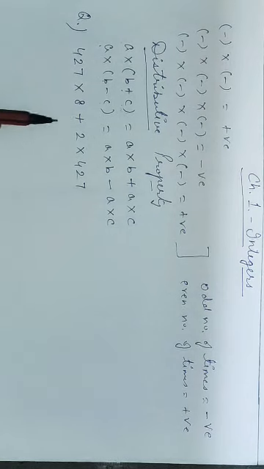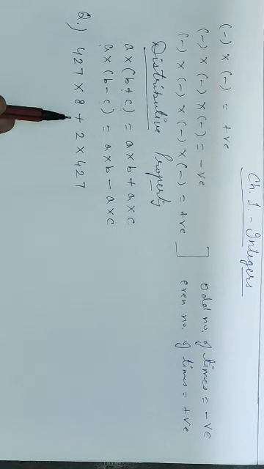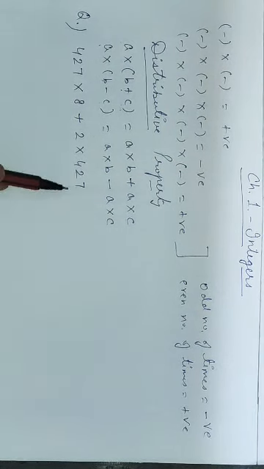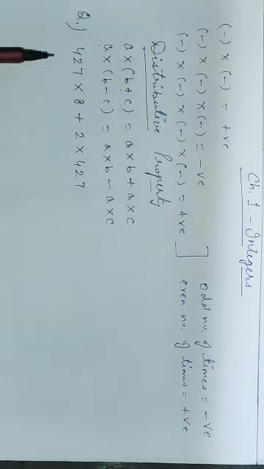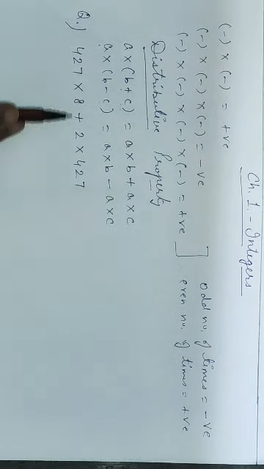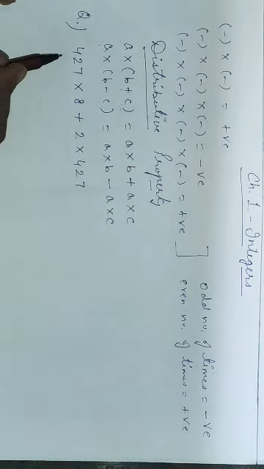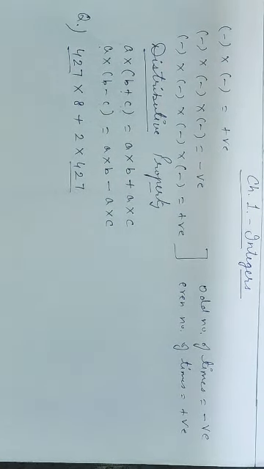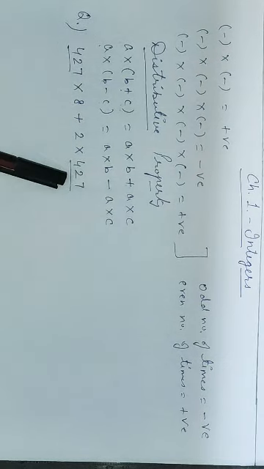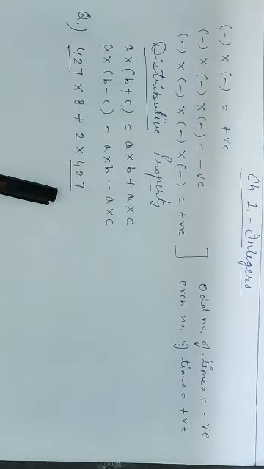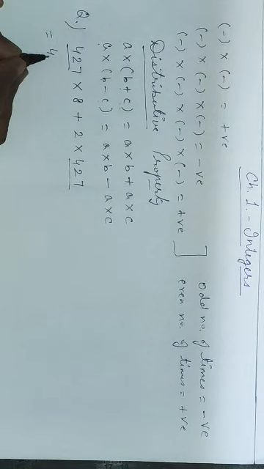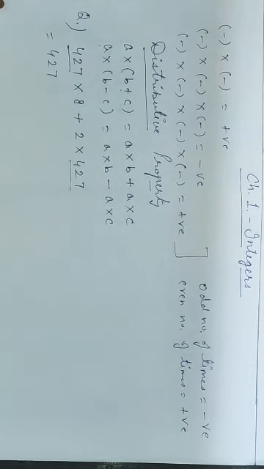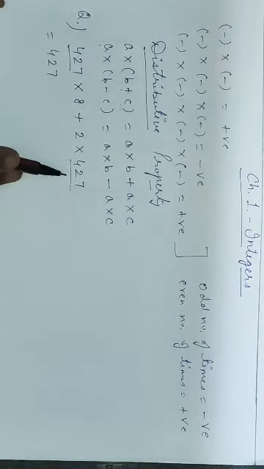Now see here, in the middle we have the sign of addition, and on both the other sides, left and right of addition, we have multiplication. Now as you can see here, 427 is the common number. Common means it is coming in both the parts, here also and here also. So we can take 427 as a common number, because it is coming in both the parts.